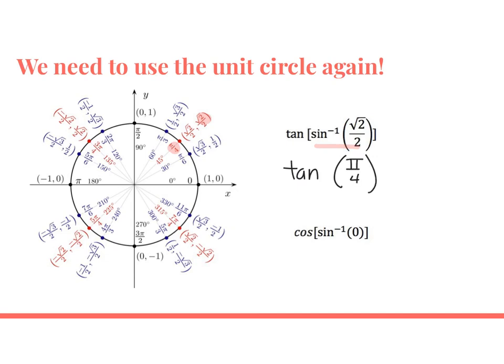So we evaluate inverse sine of root 2 over 2 to be pi over 4. Now we want to work our way to the outside, which is tangent. Tangent is y over x, which gives us 1.